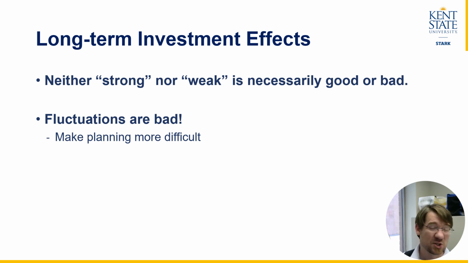As long as I know what's going to happen to currencies over time, I can hedge. Hedging is a possibility. It's just when things are not predictable that it becomes much more difficult for us to hedge, for us to plan, and therefore, if it's hard for us to plan, it's hard for us to invest, right? So investors typically just want a predictable currency rather than a high fluctuation currency.